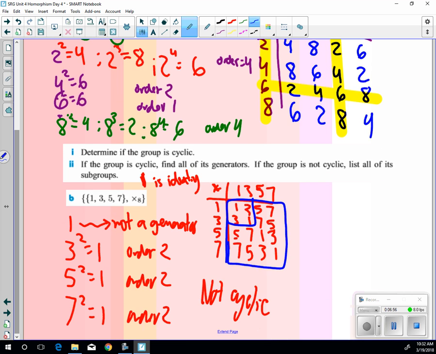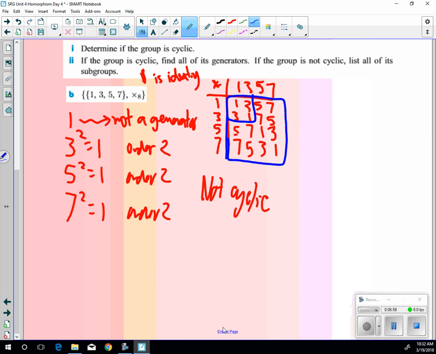As we're looking at this one, as far as the subgroups are concerned, we have 1, 3 as a subgroup because you have 1, 3, 3, 1. And you would have 1, 5 as a subgroup, 1, 5, 5, 1. You'd have 1, 7 as a subgroup, 1, 7, 7, 1.